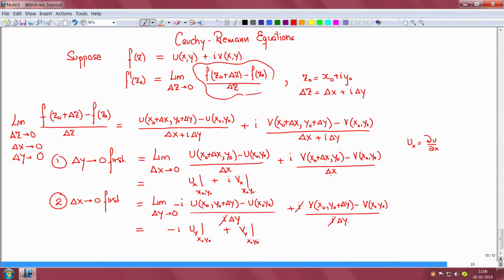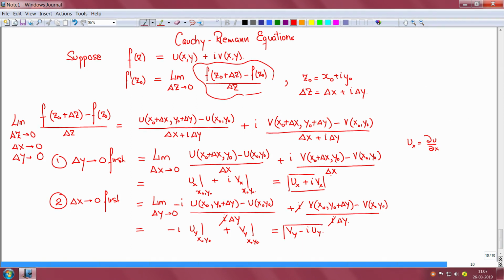My u's and v's are looking similar, so I was getting worried. So, we will write this clearly as u x plus i v x, and this we write as v y minus i u y.